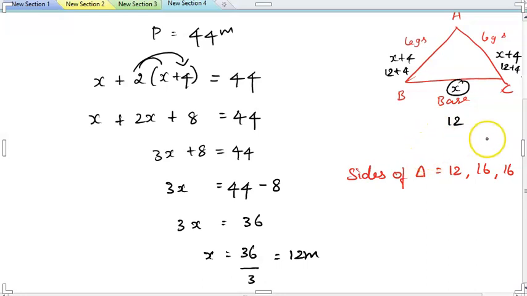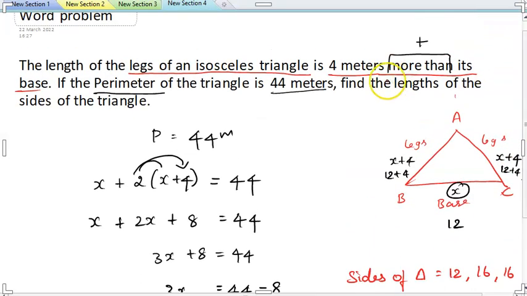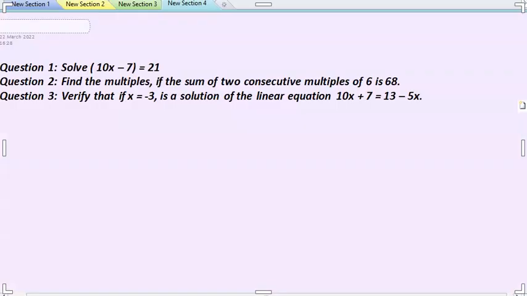So we have found the length of the sides of the triangle. Now moving to the next, here are some questions for practice. You can note it down and we shall solve it in the next class.